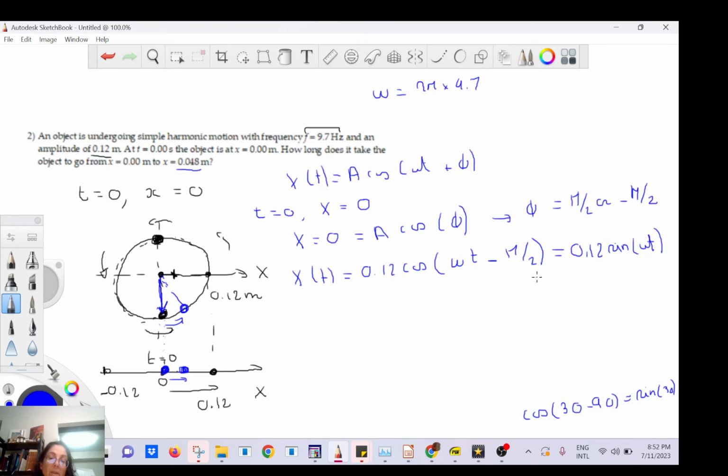Or you can say with this, so let's do the hard way. I'm going to stay with that. So x equals 0.048 equals 0.12 cosine omega t minus pi over 2.